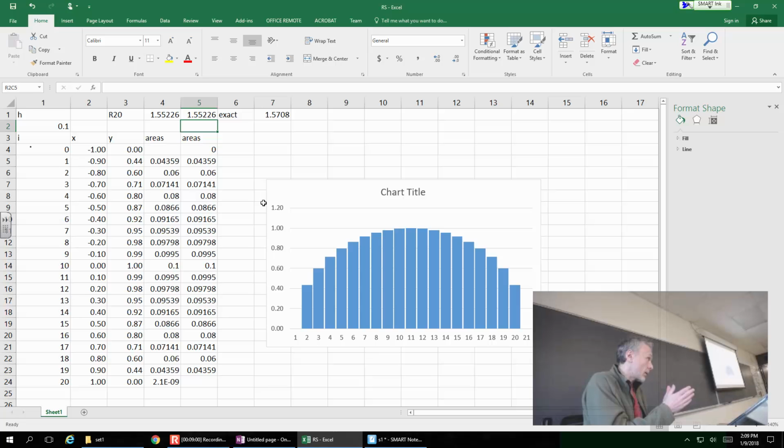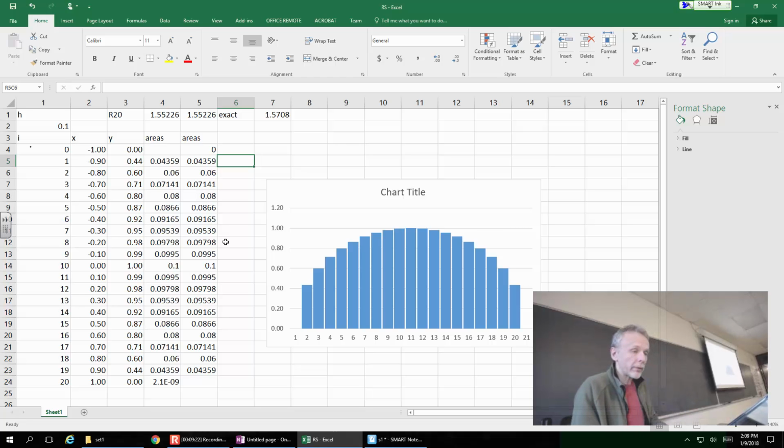Because of the symmetry, those are identical, and that's why the results over here, the right hand followed by the left hand, produce the same exact result. Why? Because of the symmetry. Generally speaking, it's not the case. You can certainly change the formula and realize that it's not the case.